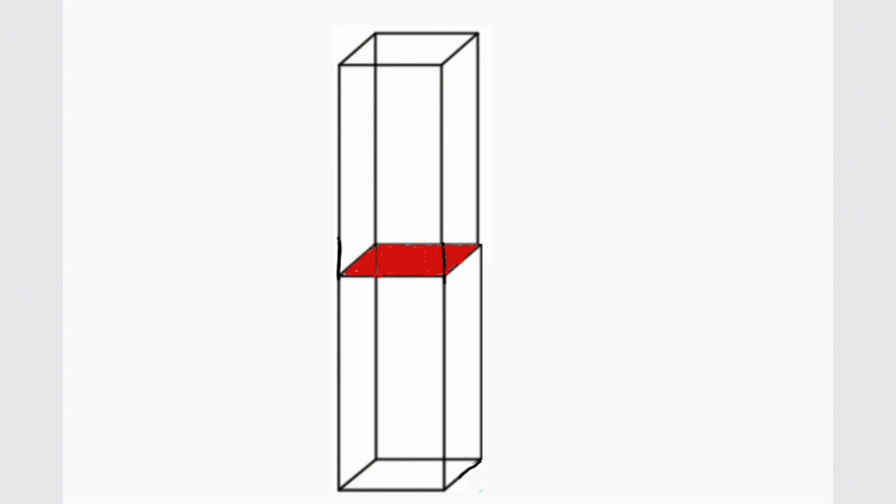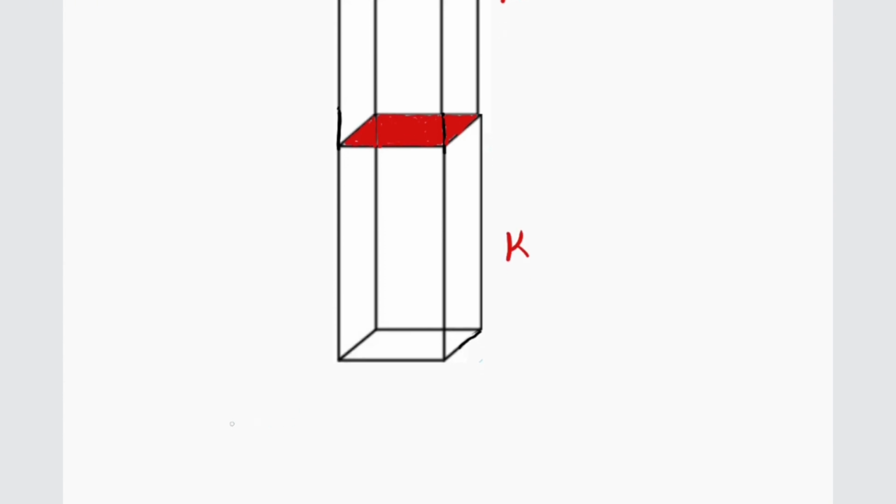So if we are calculating the total surface area, we have to ignore this surface area. Remember, the area of this is k, the area of this is k. So if we are looking for the total area, we have 2k. But since this surface is hidden, we have to subtract it from the bottom and from the top. And each one is x squared, remember. So we have to remove 2x squared.